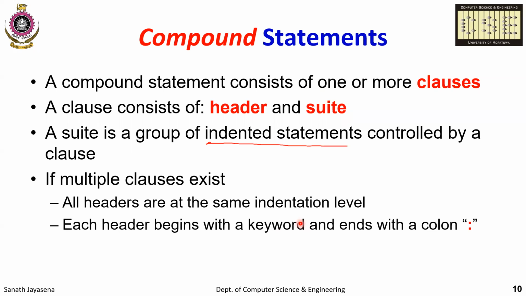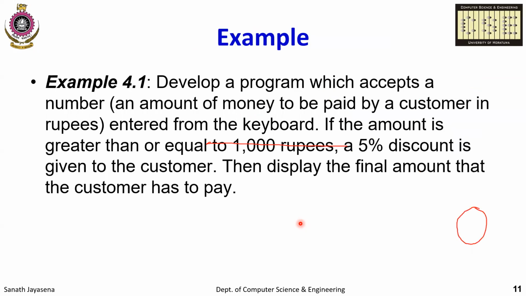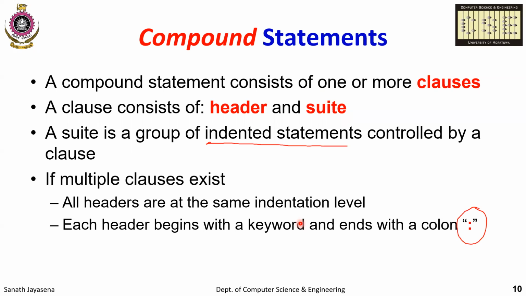Colon is this. We started with one of the simplest control structures, the single if statement, which had only a single clause. But very soon, we will see multiple clause compound statements like if else.